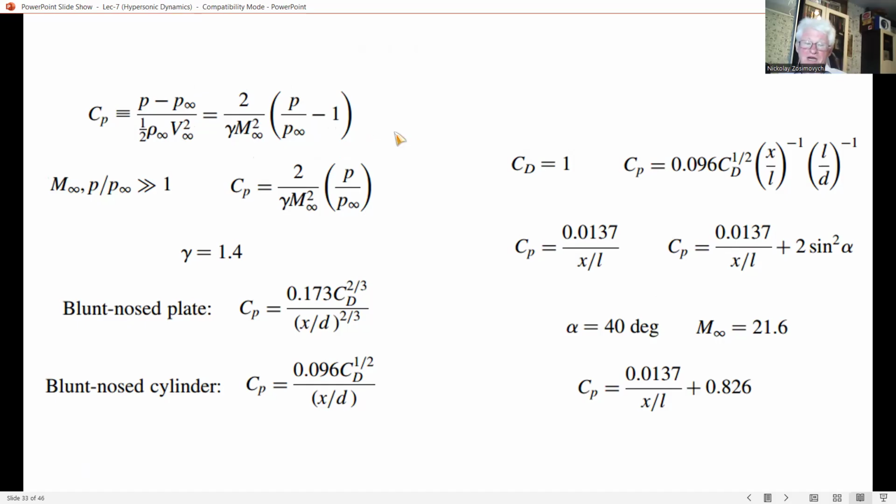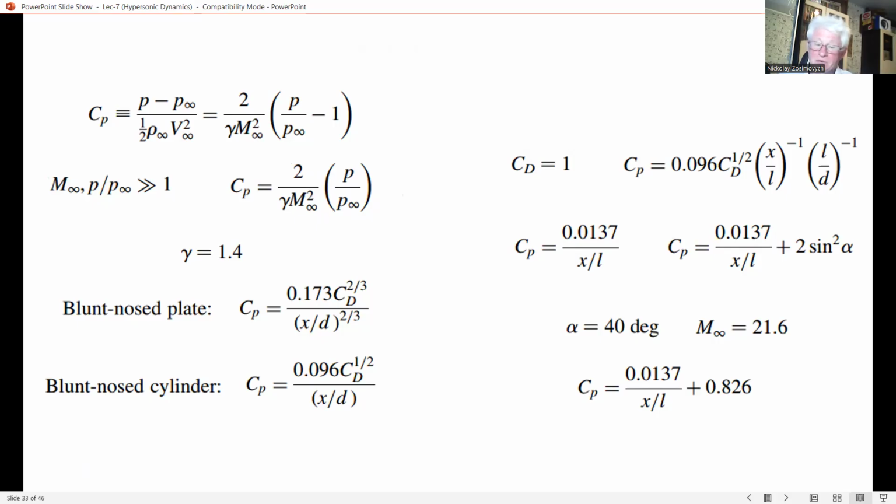So at very high values of M infinity, p over p infinity is very high, many times higher than 1, and hence our equation can be approximately written in a simpler form, in this case without the 1. Cp is proportional to 2 over gamma times M infinity squared times p over p infinity.